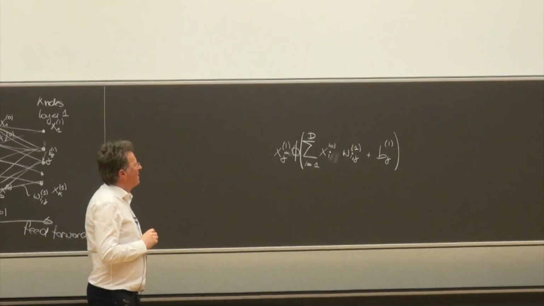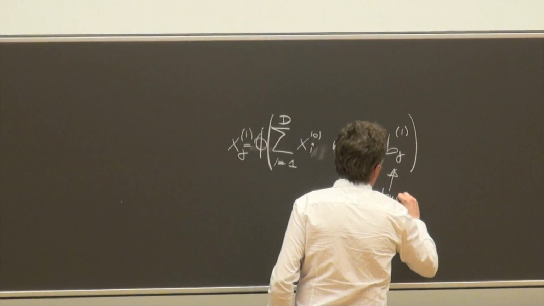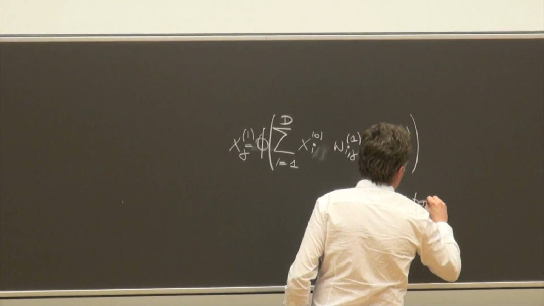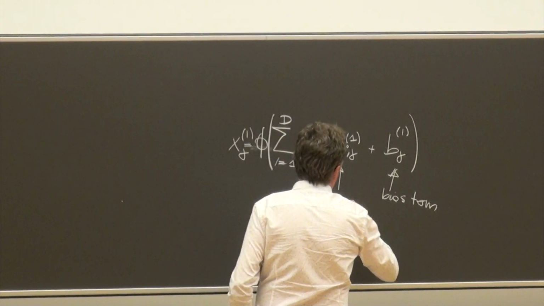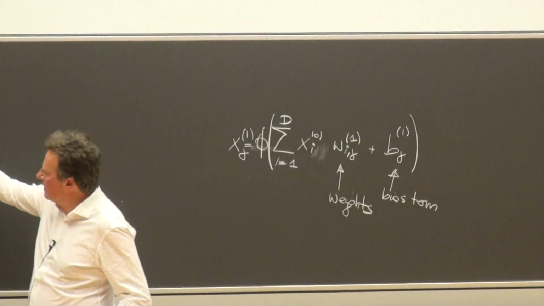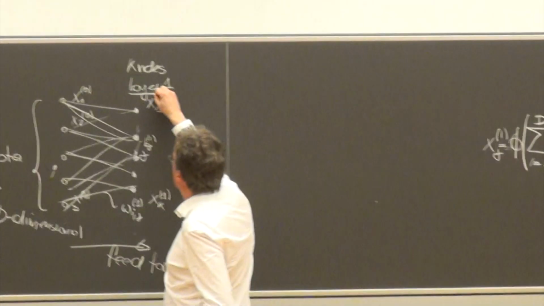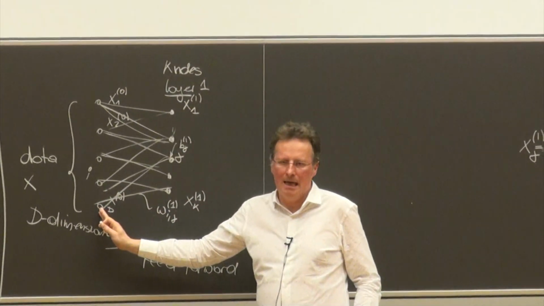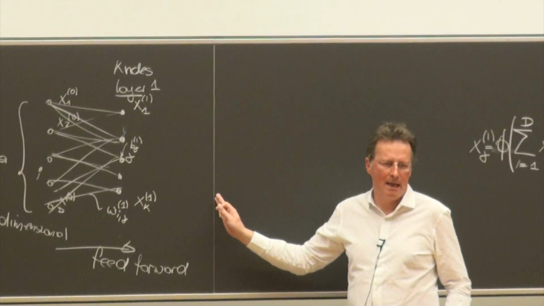Let me just denote what these things are called. This is called the bias term. These are the weights of the network. Such a thing here is called a layer, so I already have a layer. In particular, this is the input layer. Layers that are in the middle will be called hidden layers.